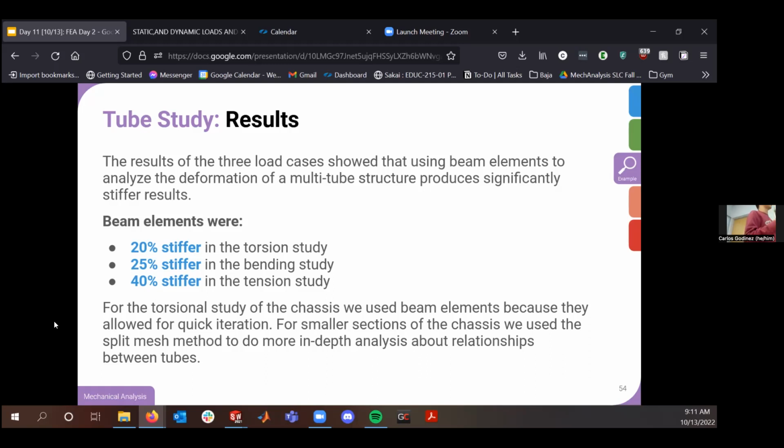So the bottom line is that yes, it is giving us stiffer results, but being aware of that means we can take it into account in our interpretation of results, and ultimately choose what makes sense for the time that we need to use for doing this analysis, and how far off we are. It's probably more than safe either way. So it doesn't matter in the end which element we use, but it does change how safe.